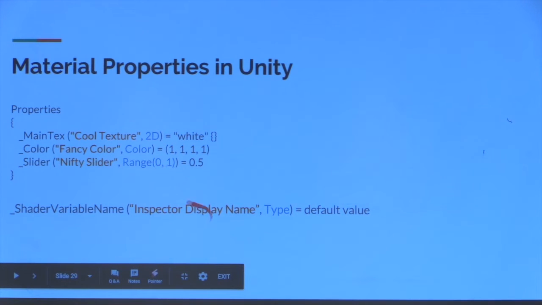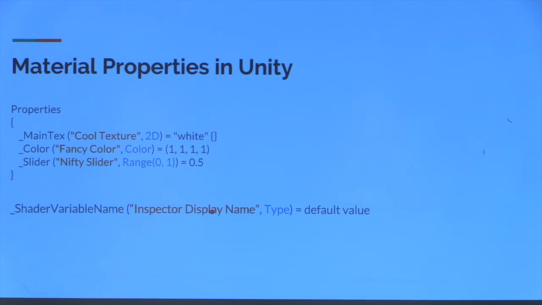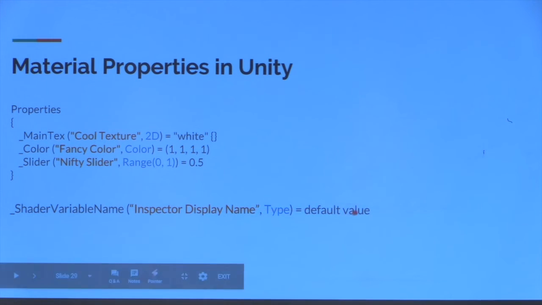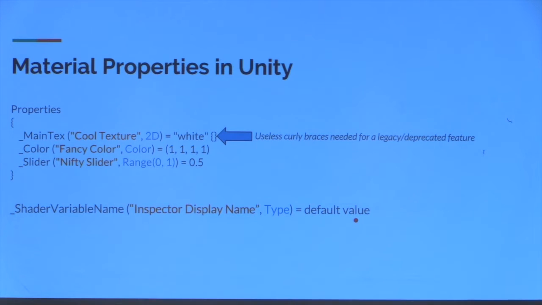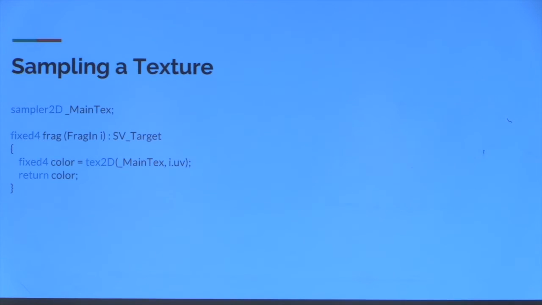They have a string value for the nice name we show in the editor. That's why the color says fancy color or whatever it says. They've got a type, and they've got a default value. There's a few weird things in here, like Unity makes you have these curly braces because, I don't know. And there's some extra parameters in range, for example. Our range slider can go from 0 to 1, so we actually have to specify that in there.